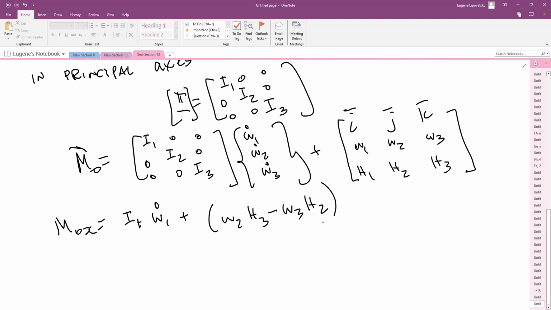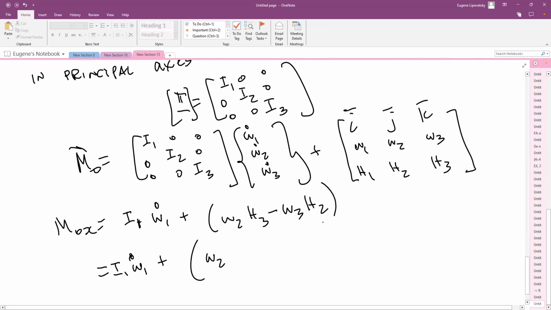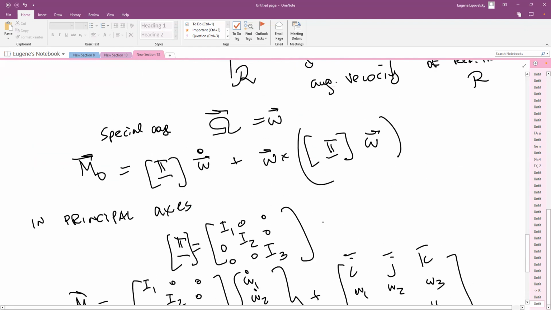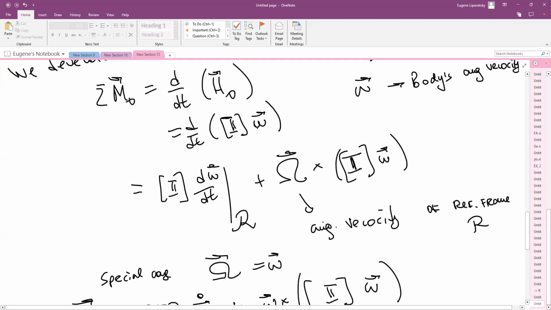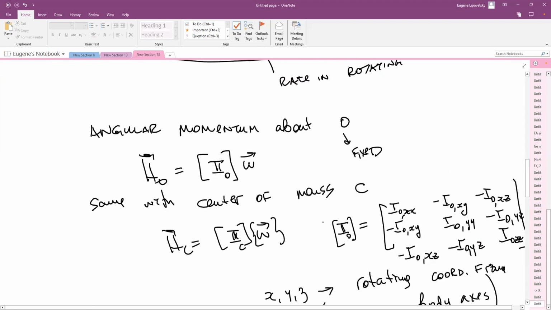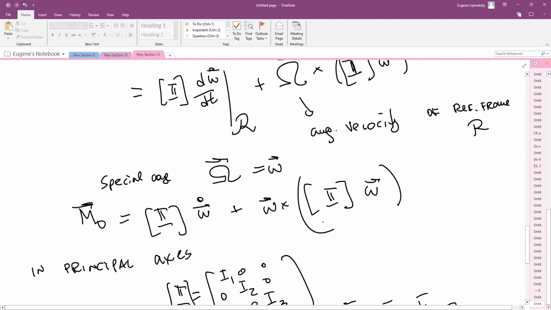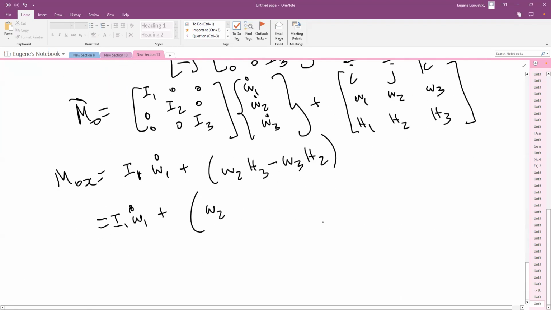Now that will be equal to I1 omega 1 dot plus omega 2, and H is this. Let's write it down.